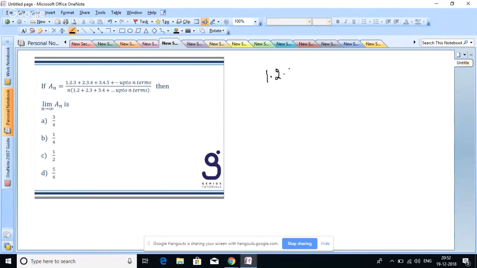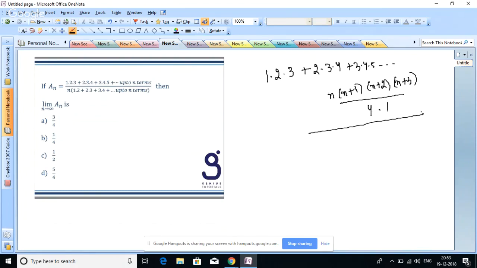Although you can do it by the previous method also, let me tell you one thing: whenever you get these types of series, 1 into 2 into 3, 2 into 3 into 4, 3 into 4 into 5, and so on, the sum of this series will be n into n plus 1 into n plus 2, and one term more than this, that is n plus 3, and we have to divide by the number of factors in the numerator, that is 4, into their common difference. The common difference is 1 here, so no need to worry about that.